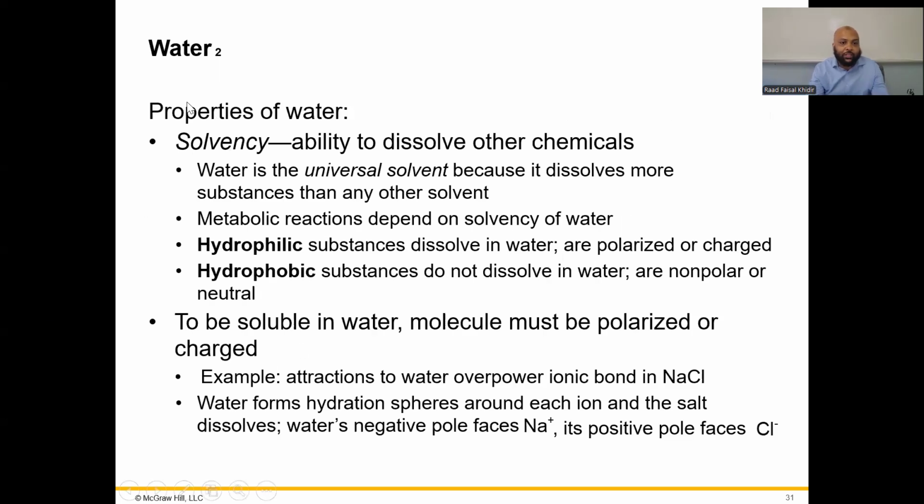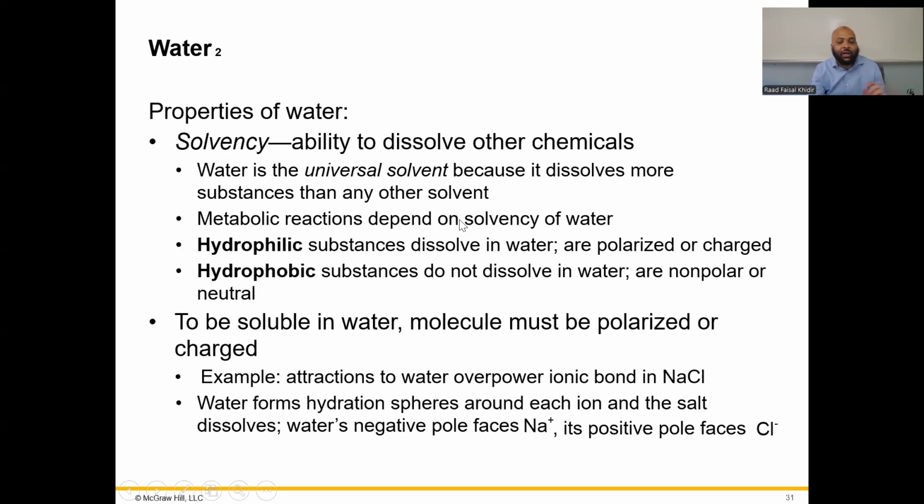Let's look at that. The properties of water: we have solvency. Water has the ability to dissolve other chemicals, and water is a versatile solvent because it dissolves more substances than any other solvent. Metabolic reactions depend on the solvency of water.